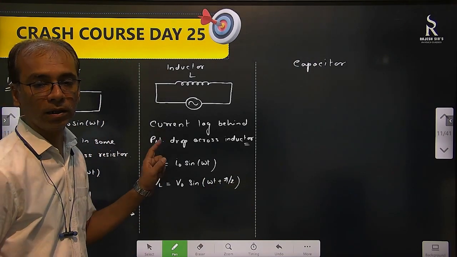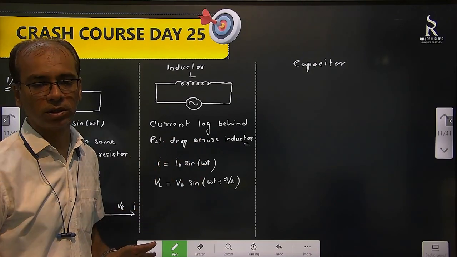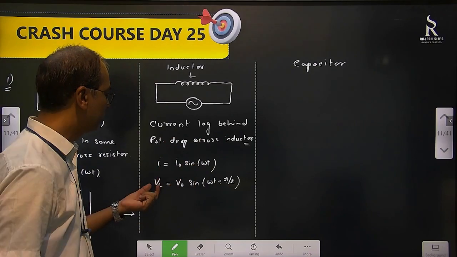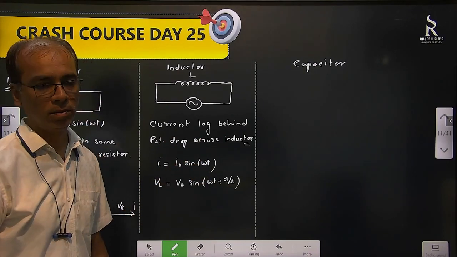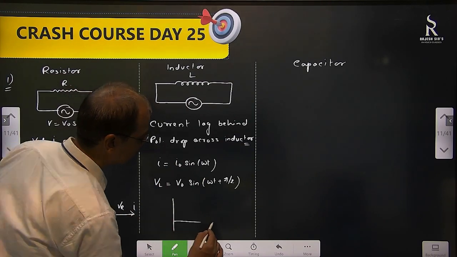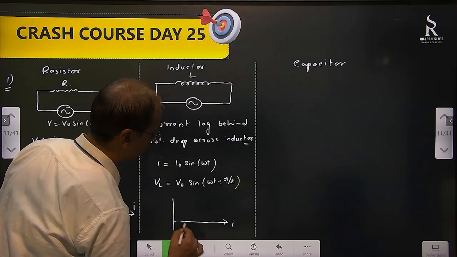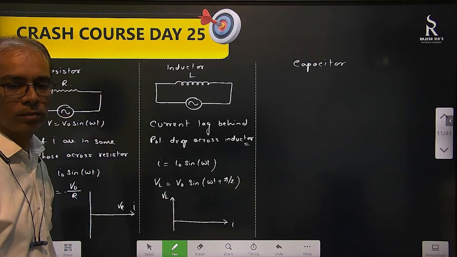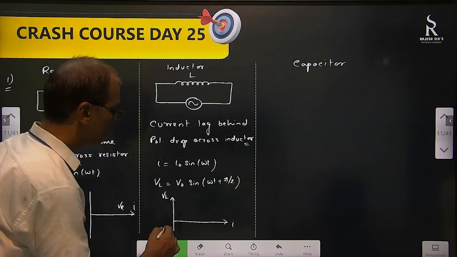Current lags behind potential drop across inductor by 90 degrees. So if you have to make the graph, this is I and this is VL. This angle is 90.